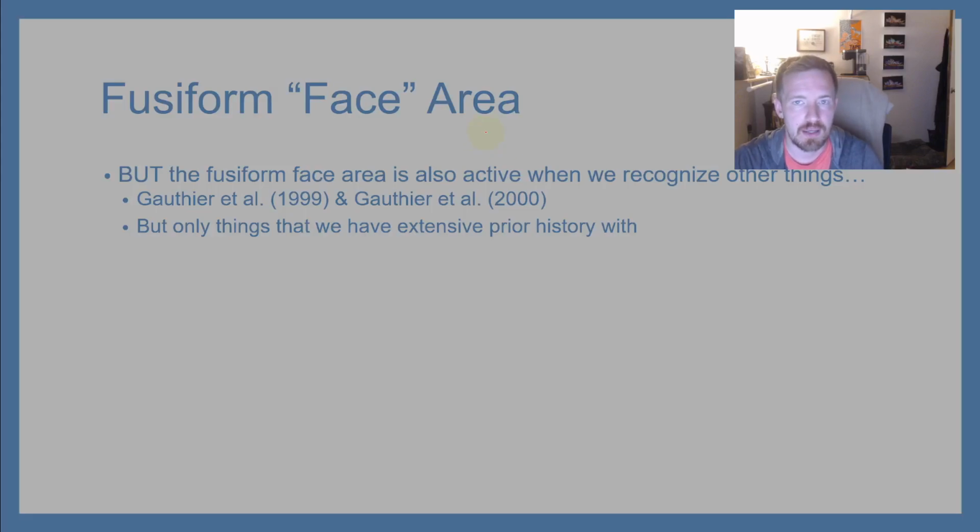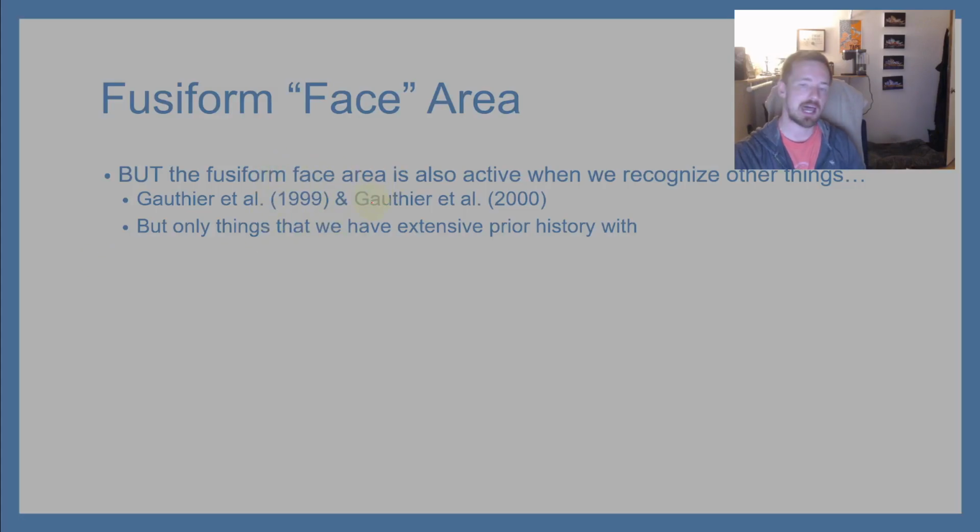There was a series of articles that came out at the turn of the century from Isabelle Gauthier, who was working, I think, at the University of Illinois Urbana-Champaign, a very prestigious university in terms of neuroimaging research. They do a lot of really great cutting-edge computational cognitive neuroscience stuff there.